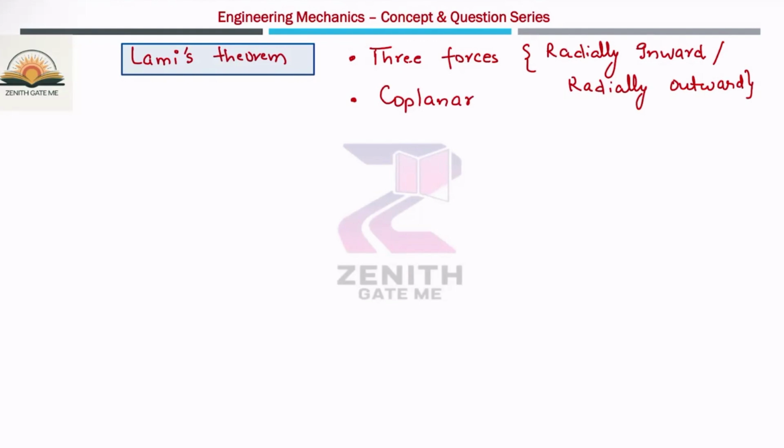Coplanar means all the forces are lying in the same plane. Then the next condition is that all three forces pass through the same point, which is called a concurrent force system. So if the three forces are in the same plane, that means coplanar, and they pass through the same point, which is concurrent, then you can use Lami's theorem.